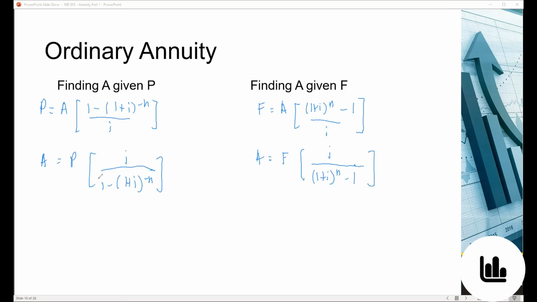So kapag ito na, ang magiging equivalent nito, shorthand will be A is equal to P, we're looking for A given P, i, n. Ganun din dito, A given F, i, n.